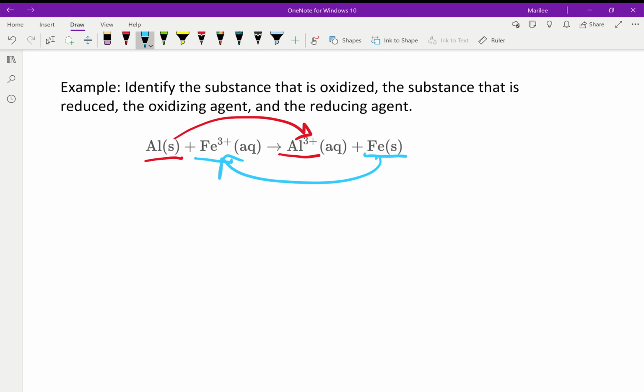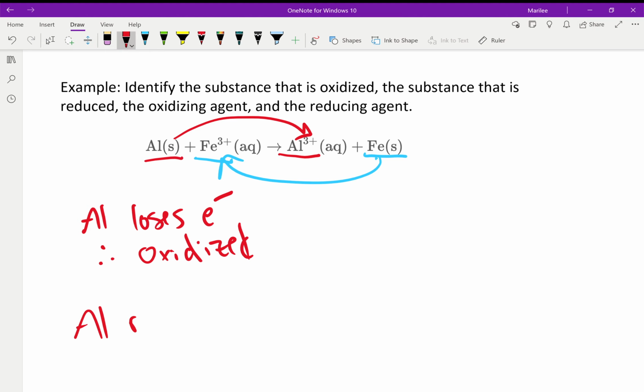So I'm going to write that aluminum, right, loses electrons. Therefore, if you're losing an electron, that means you're oxidized. And therefore the aluminum, because it gives the electrons to the iron, is the reducing agent.